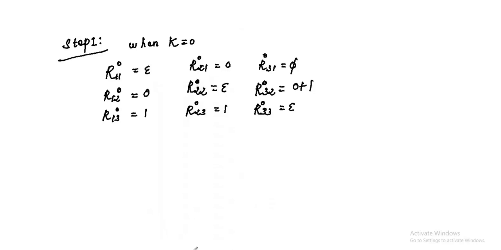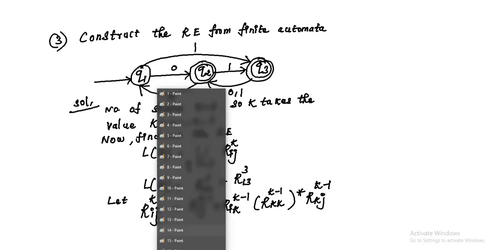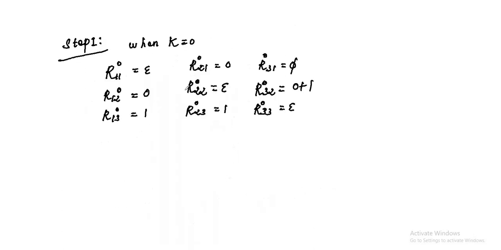R22 raised to the power 0, there is no transition, but we need to include epsilon as per the rules, case i equal to j, because for a single state there is no self loop, we need to include epsilon.